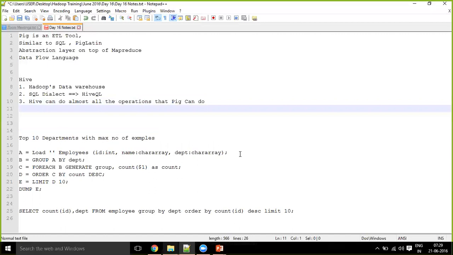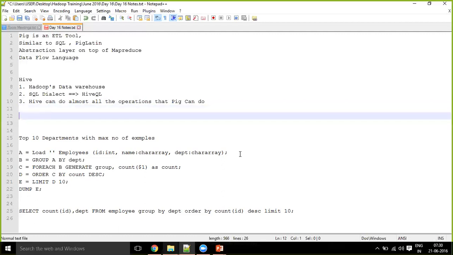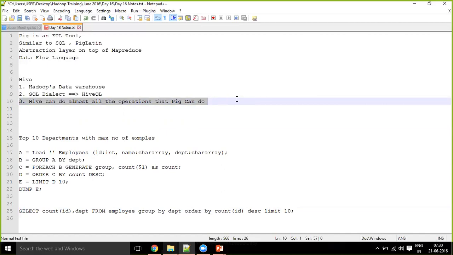Whether it could be data types, relational operators, loading different file formats, connecting to your DBMS, or writing your user-defined functions. Whatever you did in Pig, you can do in Hive. And on top of it, from a typical developer's perspective, your code got even more reduced. But these are the minor reasons.